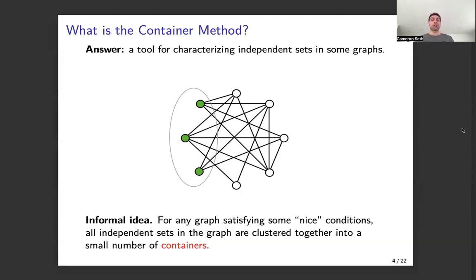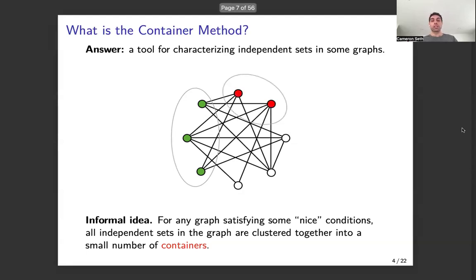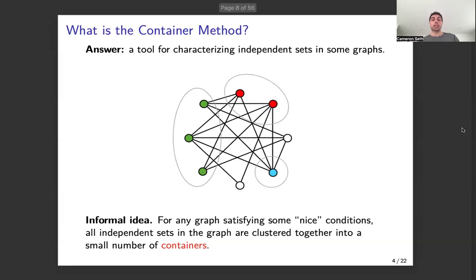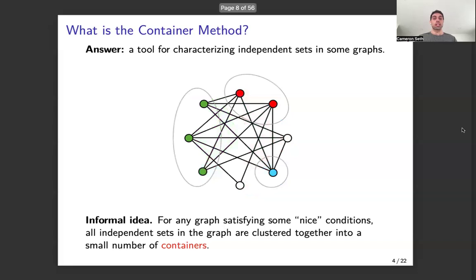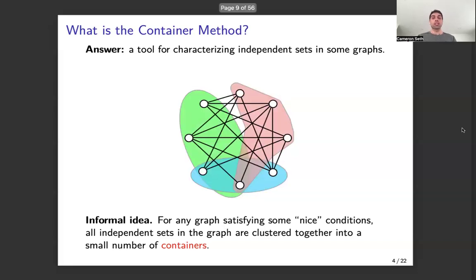For example, this graph actually has quite a few independent sets. This is an independent set, this is an independent set, and there are many others. But as it turns out, you can find these 3 containers such that every independent set in the graph is fully contained in at least one of these containers. In particular, you can see each of these 3 independent sets is fully contained within one of these containers.